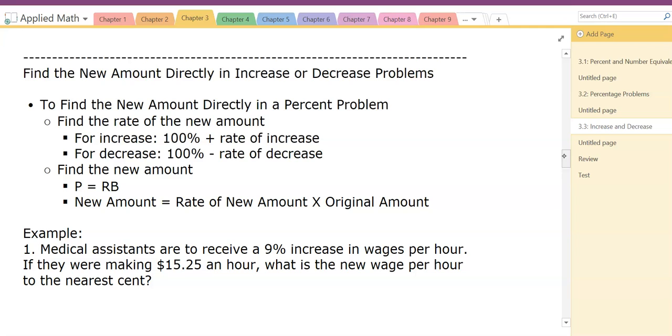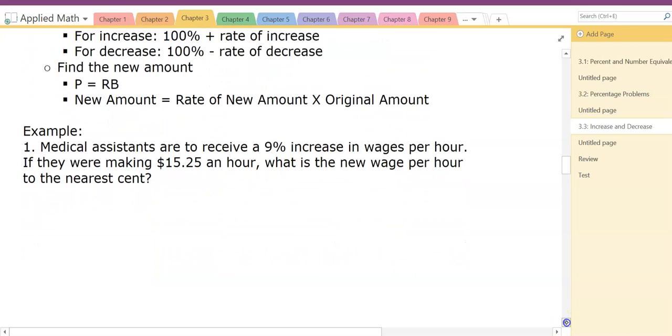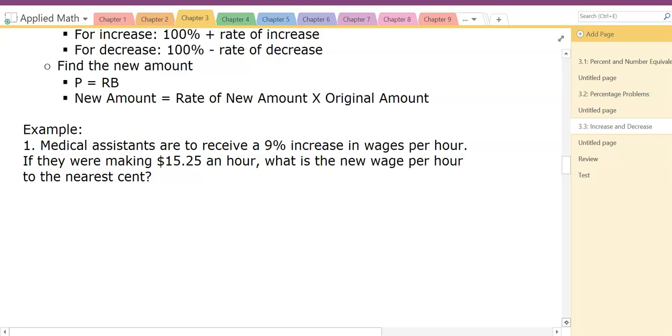And then like I just showed you on that last one, to do a decrease, you do 100% minus that rate. And then all you have to do is multiply that number as a decimal still times your amount to figure out what the direct answer would be. Like I said, this is helpful if you don't need to know how much the amount is that you're losing or you're gaining. You just want to know the final answer.